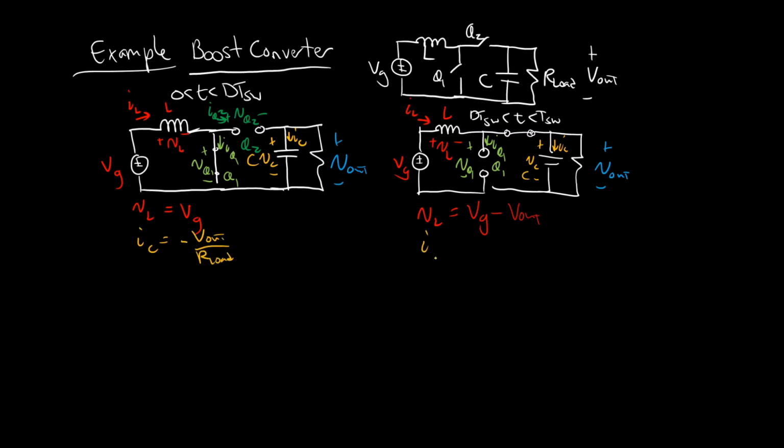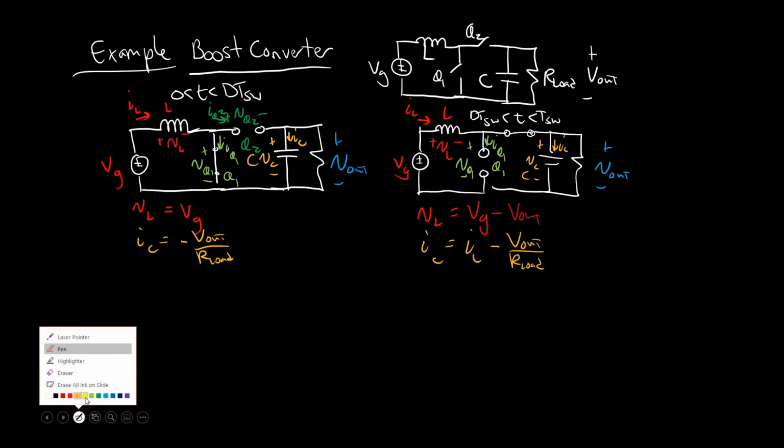And in the second state, IC is equal to, well, we have IL flowing through this wire, and I out flowing through here, right? So IC must be equal to IL minus V out over R load.